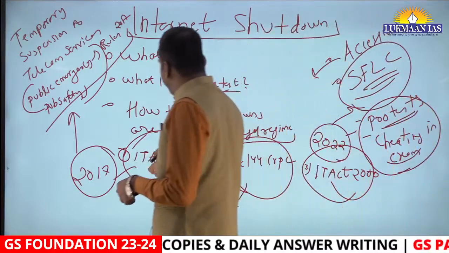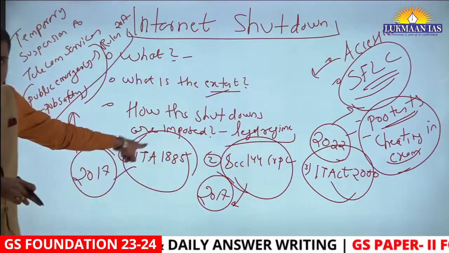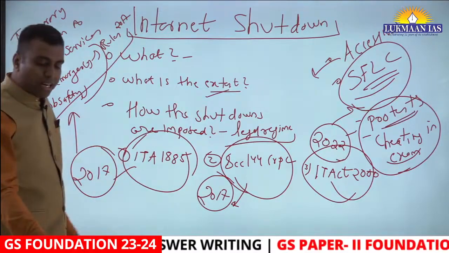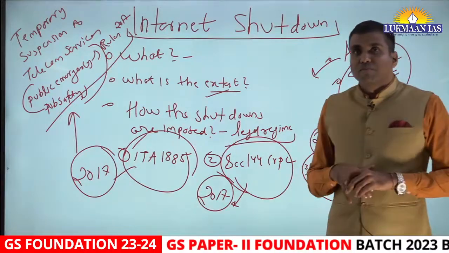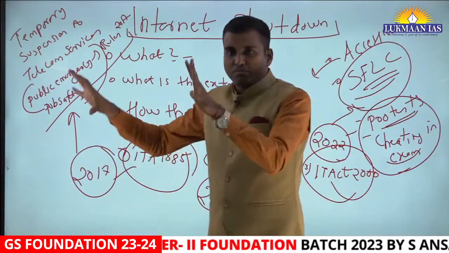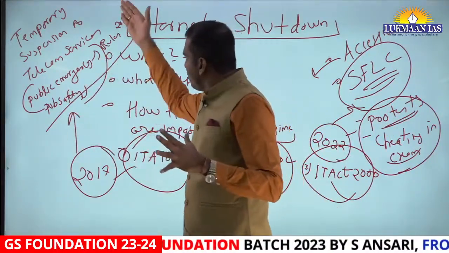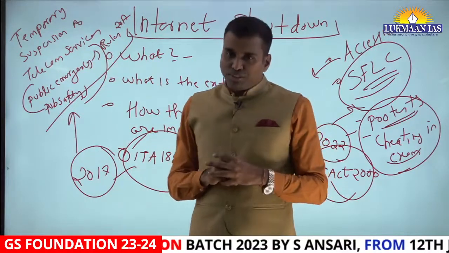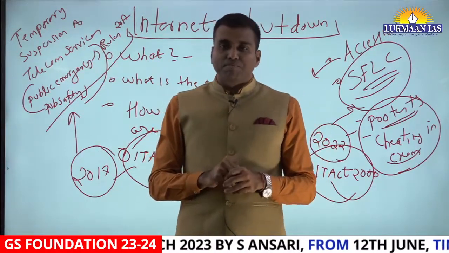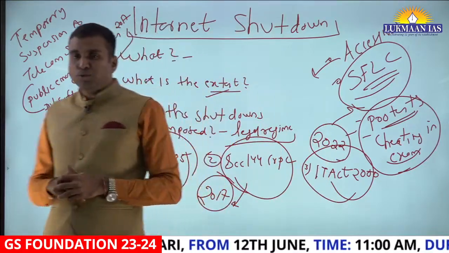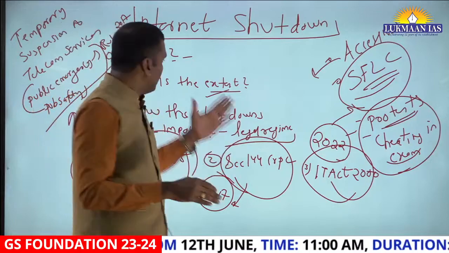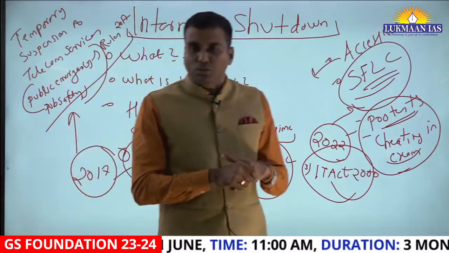So, in 2017, the Government of India framed rules under the 1885 Act and provided a procedure under the suspension of telecom rules 2017. So, after 2017, most of the suspension orders, shutdown orders, are issued under the suspension rules.